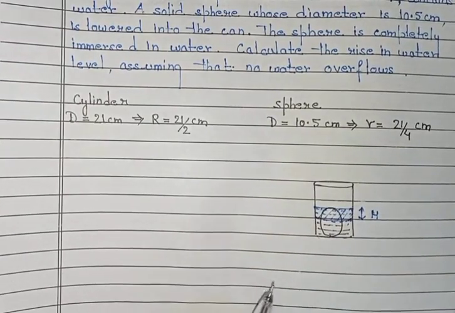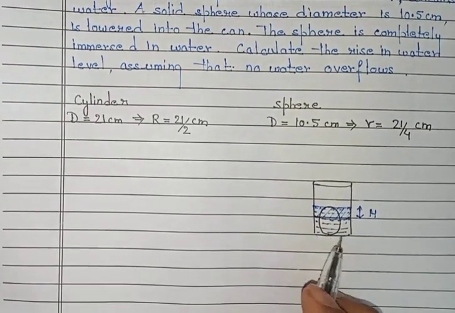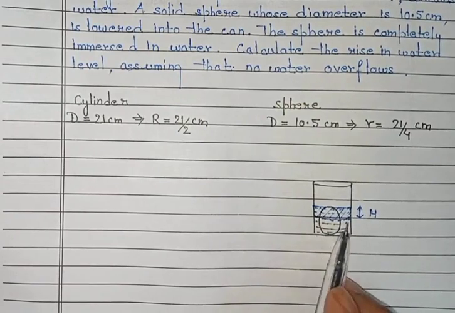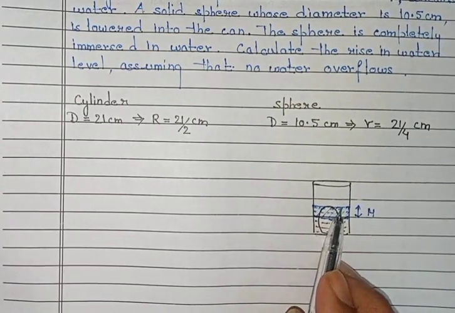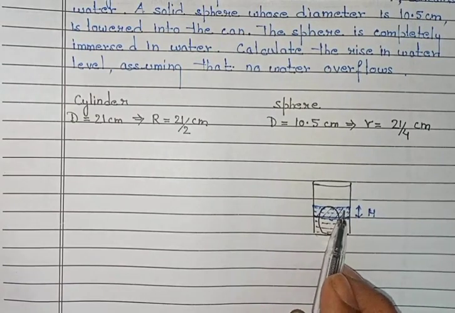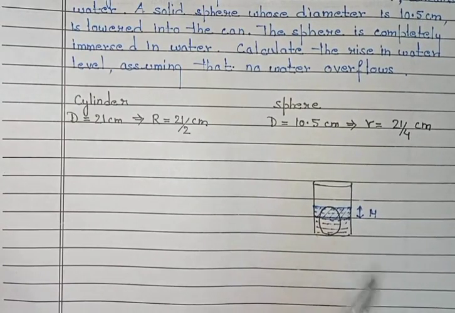Okay. Now first of all, we will find how much volume of water will be displaced. Now here you see that the level of the water is rising. That means water is being displaced because of this sphere.